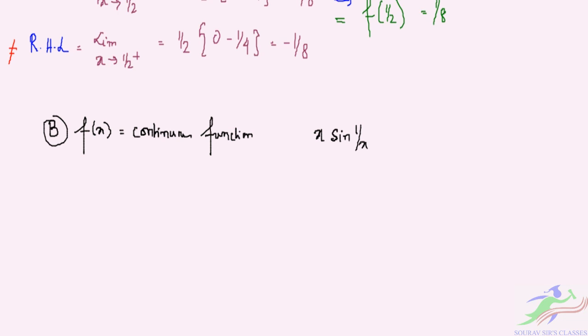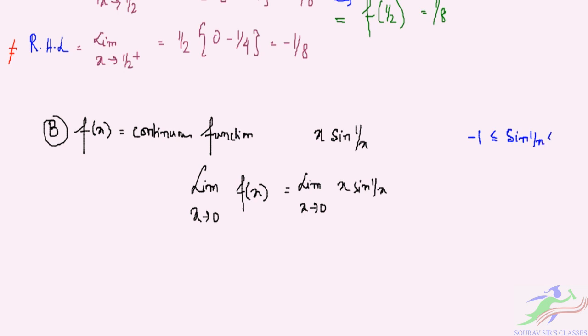So if f(x) is continuous, then we can write limit x tends to 0 f(x) as limit x tends to 0 x of sine 1/x, where the range of sine is from minus 1 to plus 1.